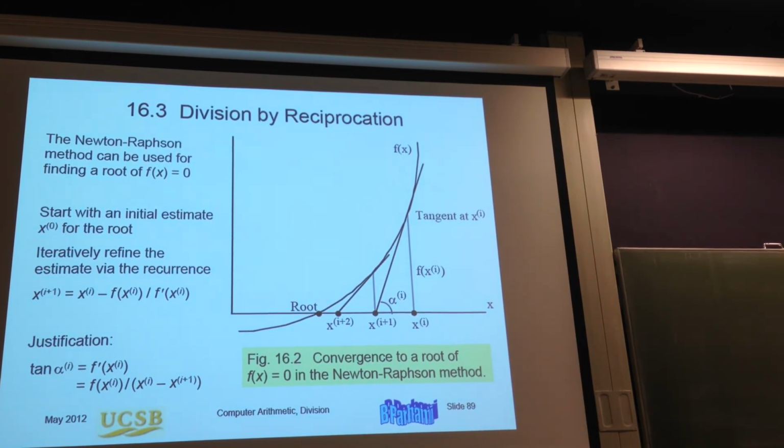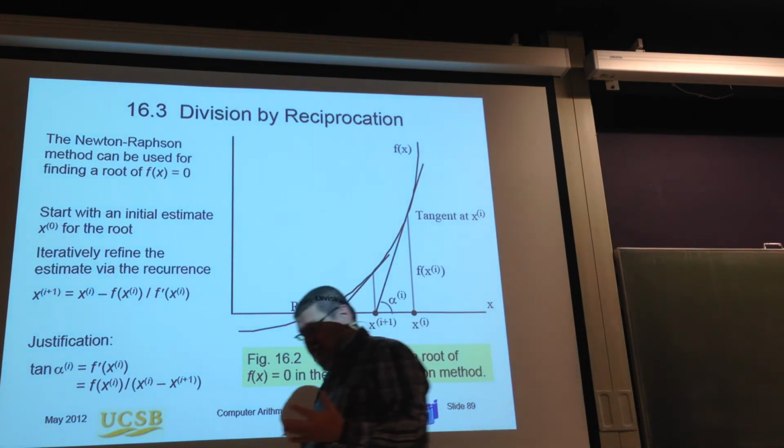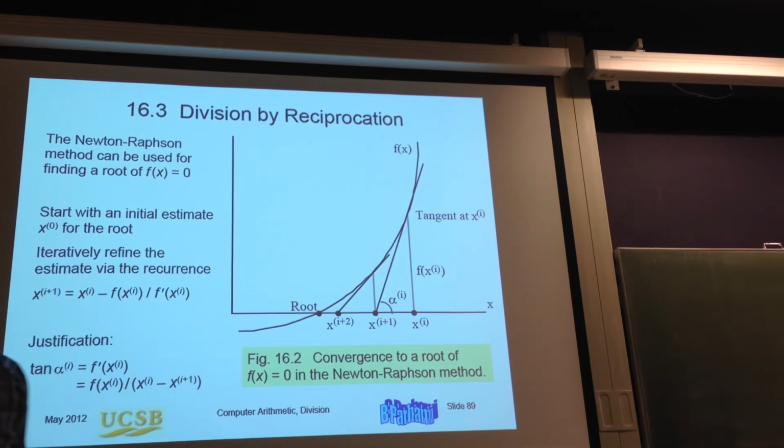Okay, now Newton-Raphson can be utilized to do more than division. You can actually use it to compute the root of a function in general, in an iterative way. Then you have a certain function, and you compute the root of the function. It's not the square root.